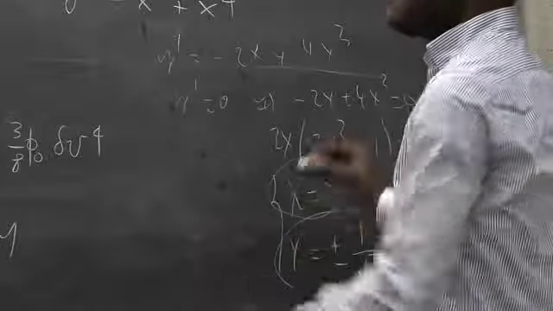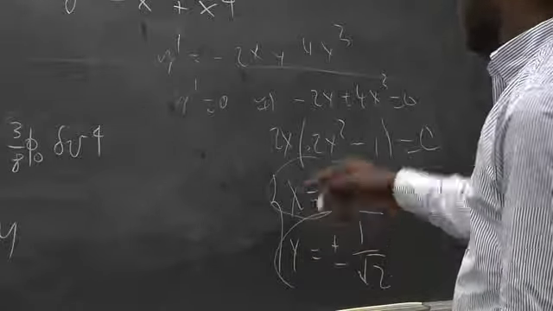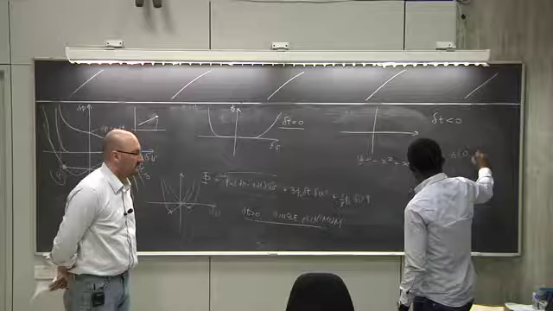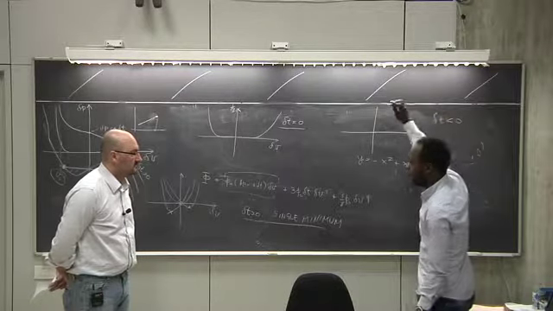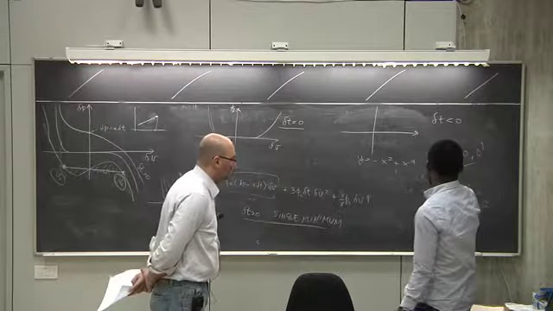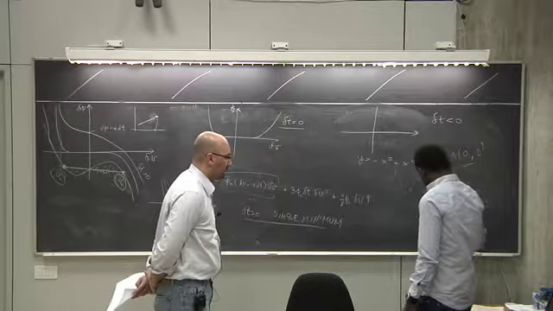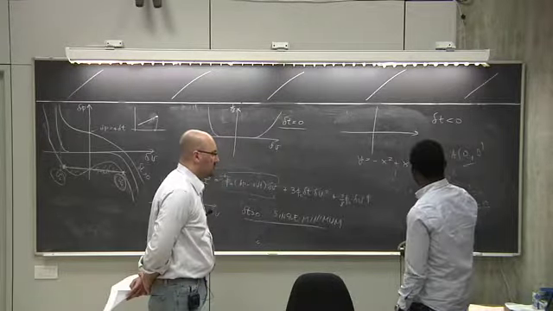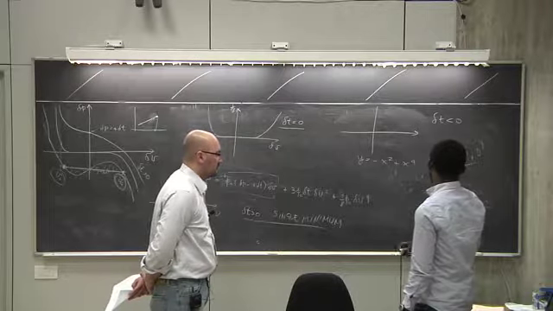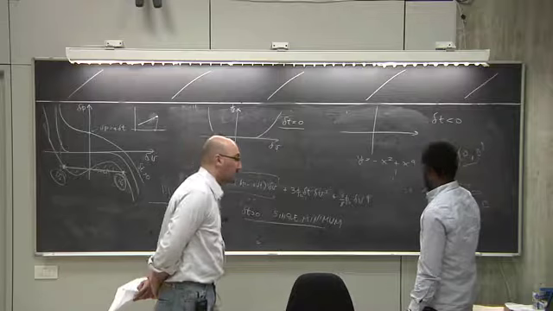So how can I draw this function? I know for x equals 0, I will get this point here. And then for x equals plus or minus, I have 2 points.